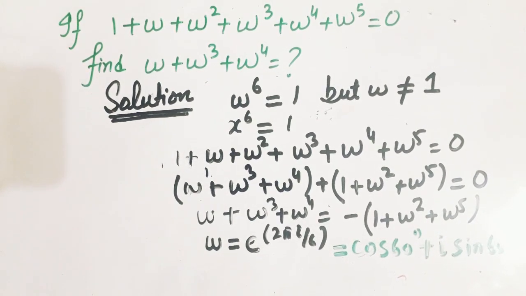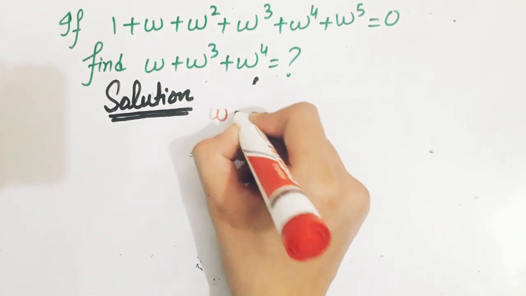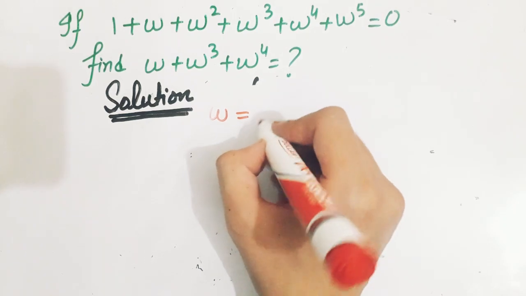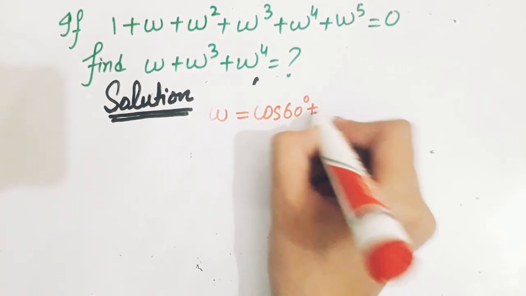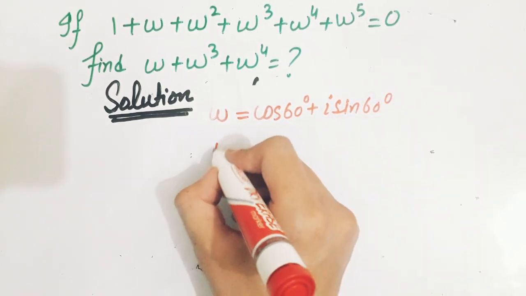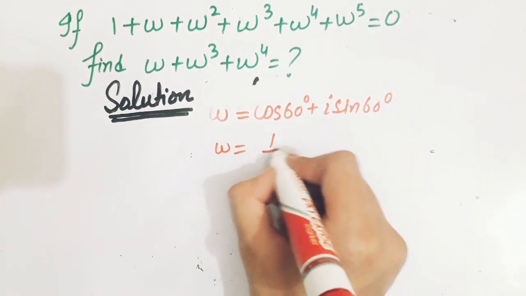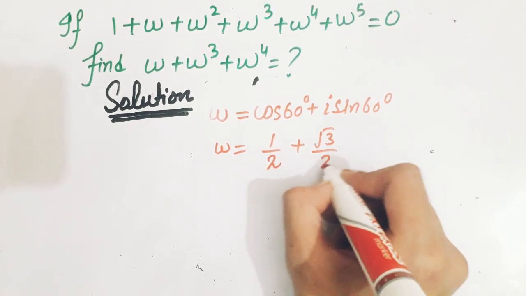So we will put the values. Omega equals cos 60 degrees plus iota sine 60 degrees, where cos 60 degrees is 1 by 2 and sine 60 degrees is root 3 by 2.